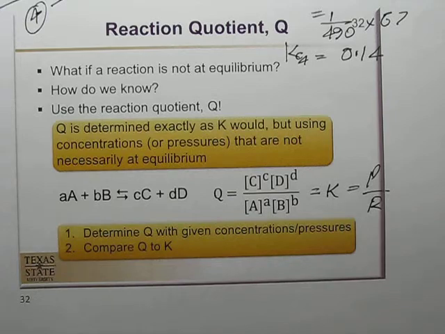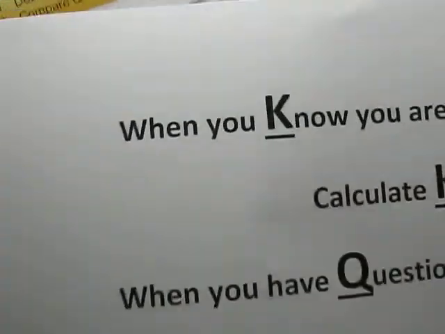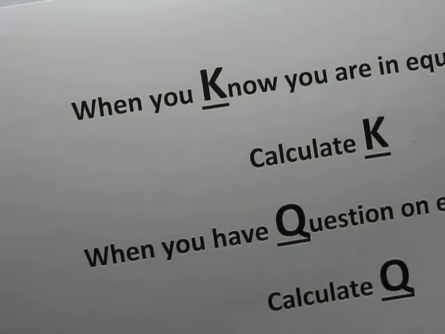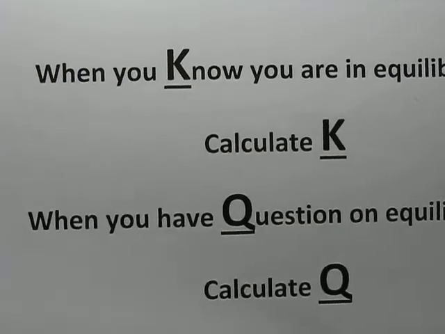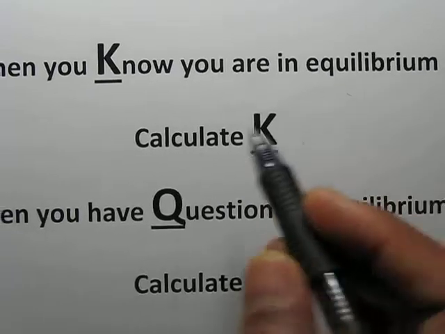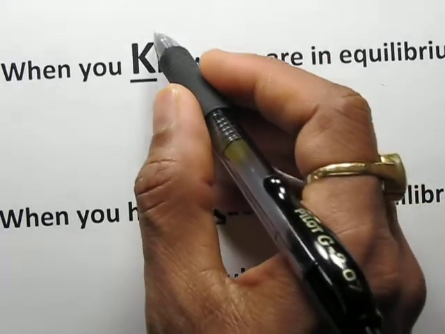So here is one simple sentence I will say. You should remember or note down that when you know you are in equilibrium, calculate K. So this is a very good correlation.